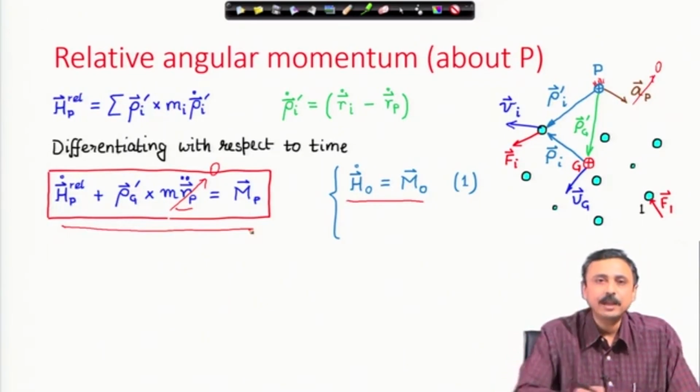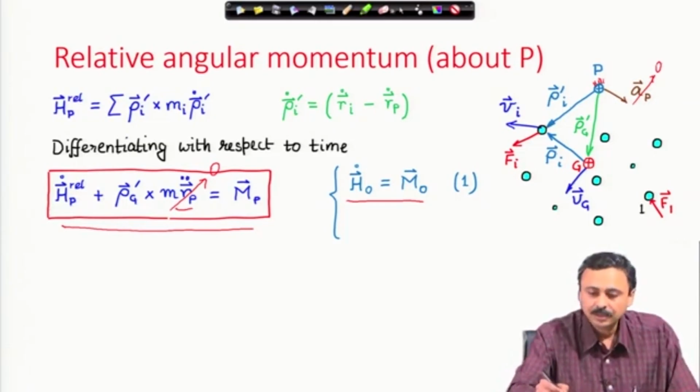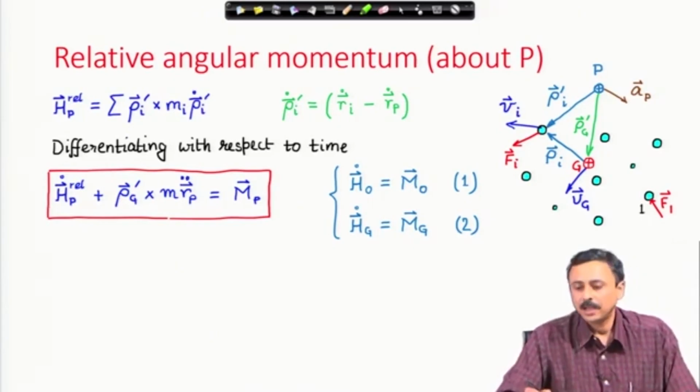Therefore, this relative angular momentum about p, this equation is a little more general. If I look at another situation where p is nothing but the center of mass, because p is an arbitrary point, I can take the center of mass as that point.